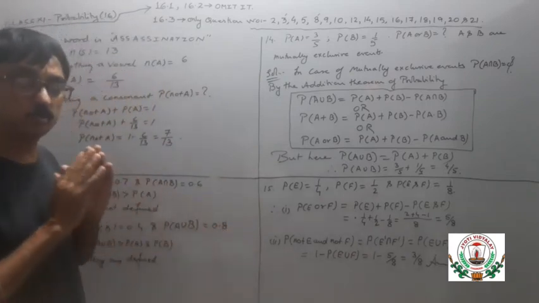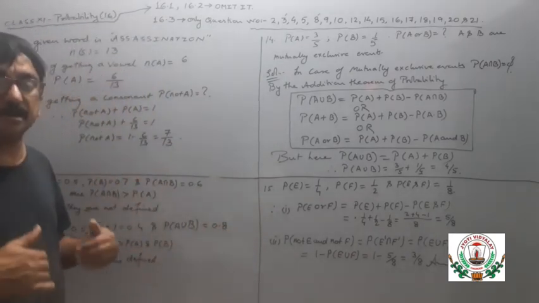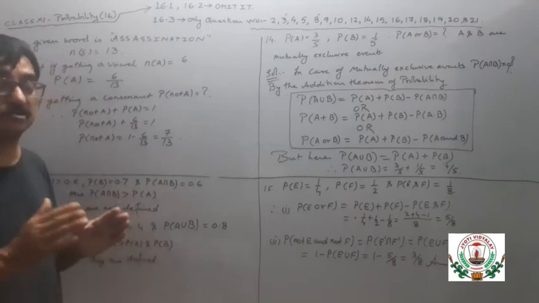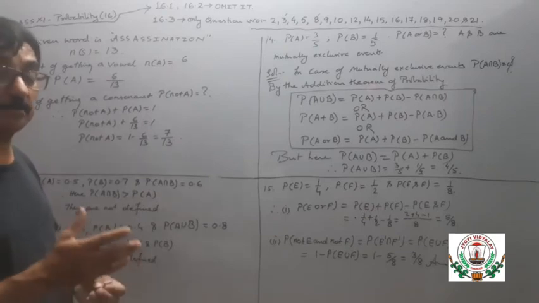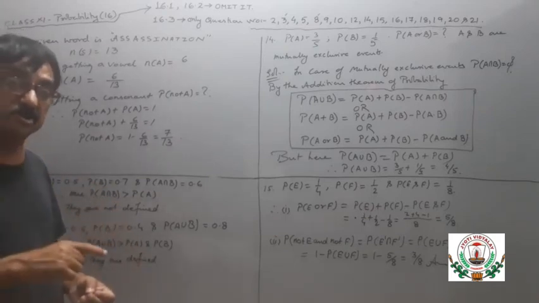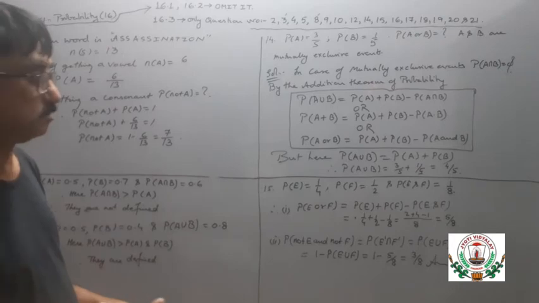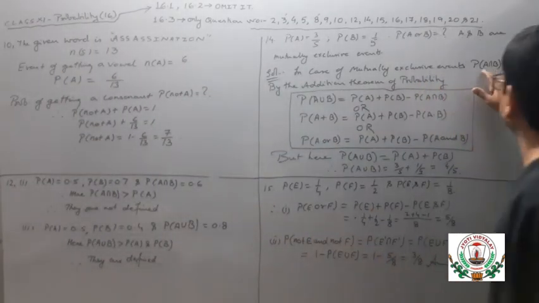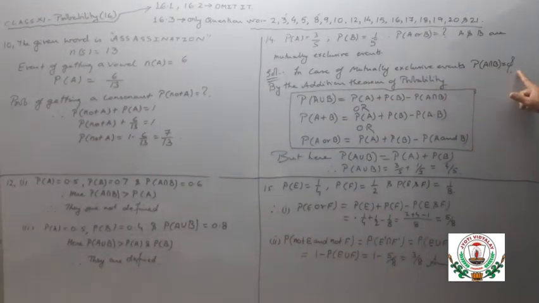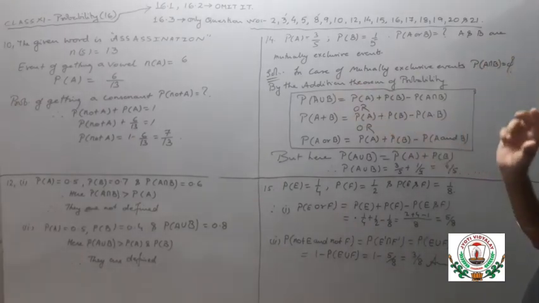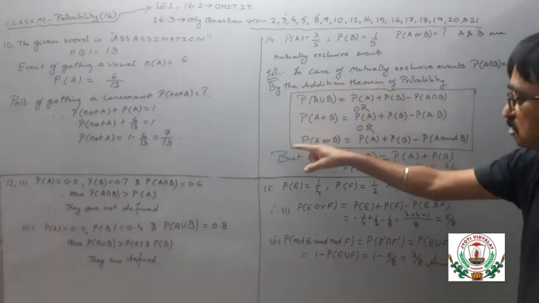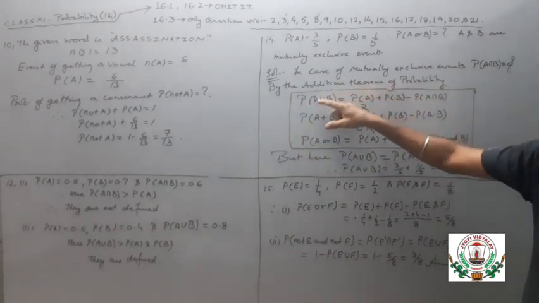If there is no common element in two sets, then those two sets are known as disjoint or mutually exclusive sets, and their intersection will be a null set. So here also the probability of the intersection will be zero whenever A and B are mutually exclusive events or disjoint sets. So by the theorem of probability, this is one concept, this is one formula.